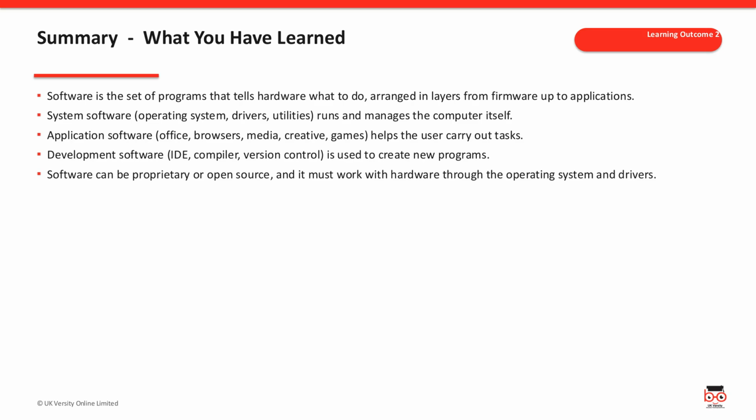Application software, from office suites to games, helps you get tasks done. And development software, the IDE, compiler and version control, is used to build new programs. Software can be proprietary or open source, and whichever it is, it has to work with the hardware through the operating system and its drivers.